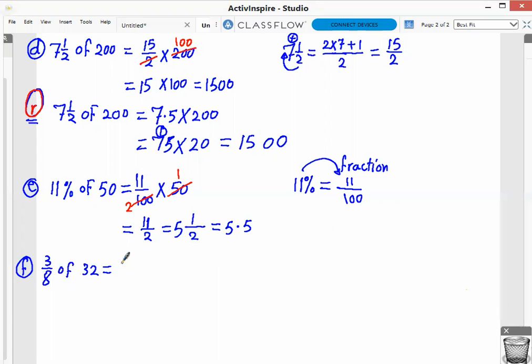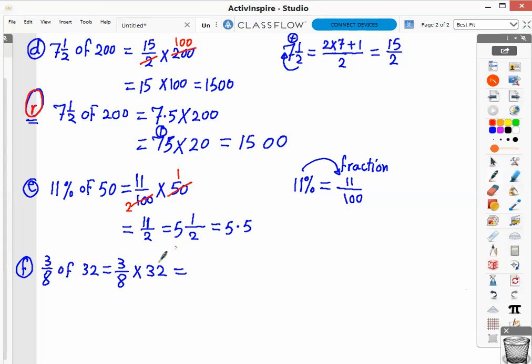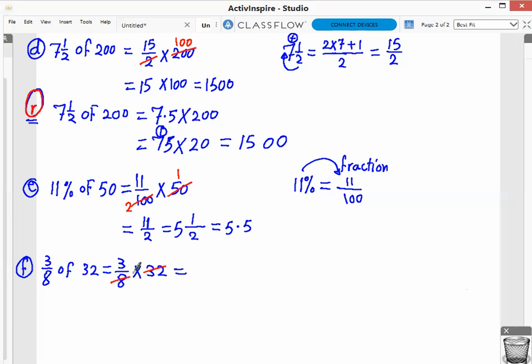First step, you write your fraction again, 3/8, replace of by the multiply symbol, and put your number 32. Easy. Now we can simplify 32 by 8. It will be 4.